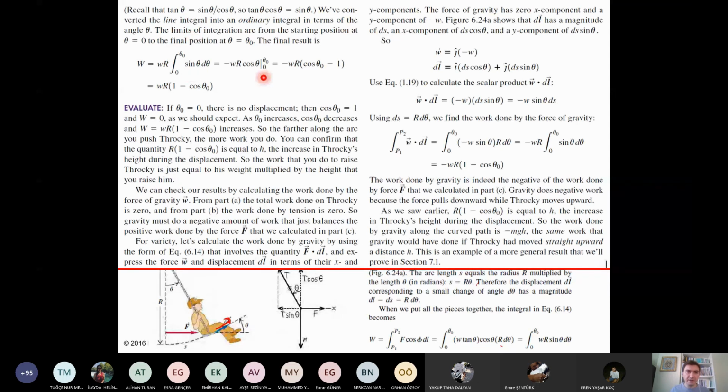Then cosine theta 0, and what is cosine 0? Cosine 0 is 1, so here we have minus 1. If you multiply this with the minus sign, then finally the work done by this force can be written in this form. Any question?